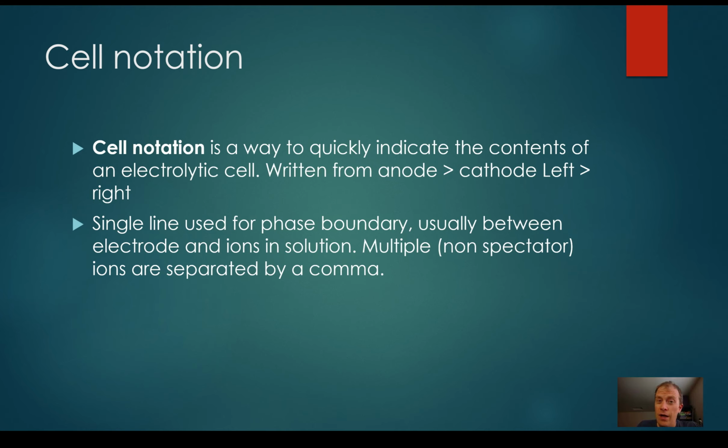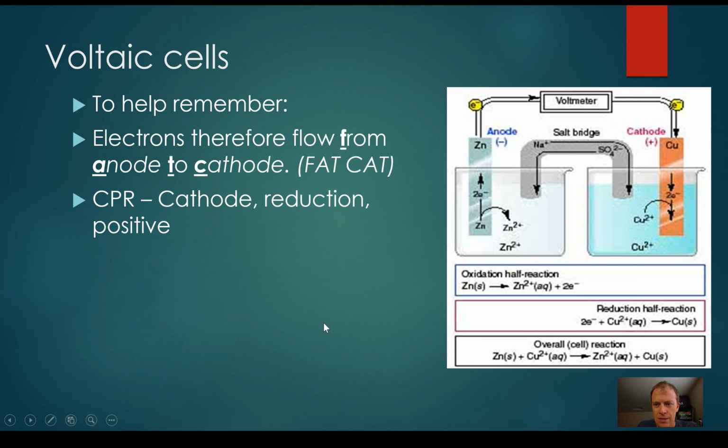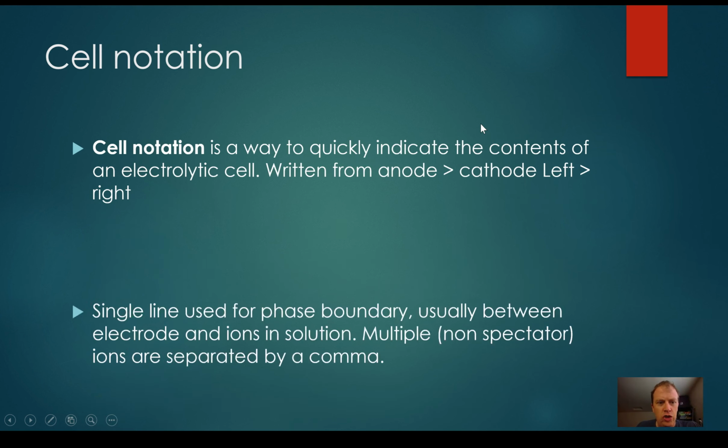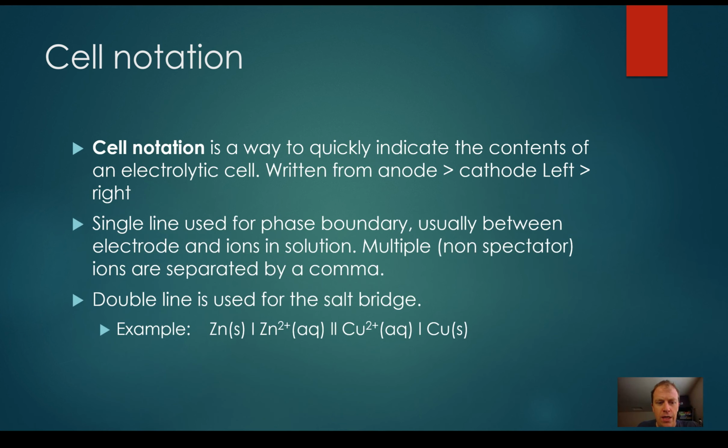If there's more than one ion in the electrolyte solution that are not spectator ions, that actually take part in the chemical reaction, you separate them by a comma. And the double line is the salt bridge, by the way.